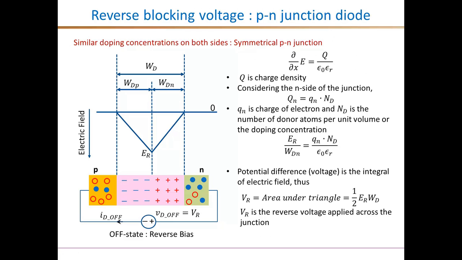Therefore, the critical electric field for the material and the width of the depletion layer together determine the maximum reverse voltage that can be applied to the diode.